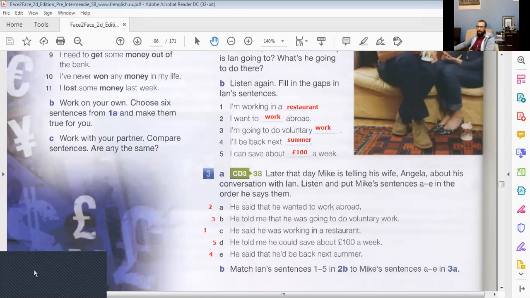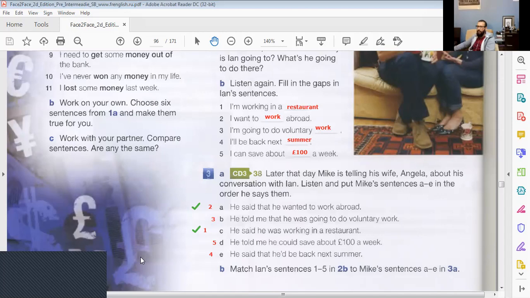Track 38. Guess who I saw in town? Who? Ian. He's a qualified lawyer now. I know. That means he's going to earn lots of money. Has he got a job yet? Yes, he has. Oh, that's good. He said he was working in a restaurant. In a restaurant? Yes. He's trying to save some money. What for? He said that he wanted to work abroad. He's going abroad? Yes. He told me he was going to work in Canada. Why Canada? Have they got more crime there than we have? No, of course not.